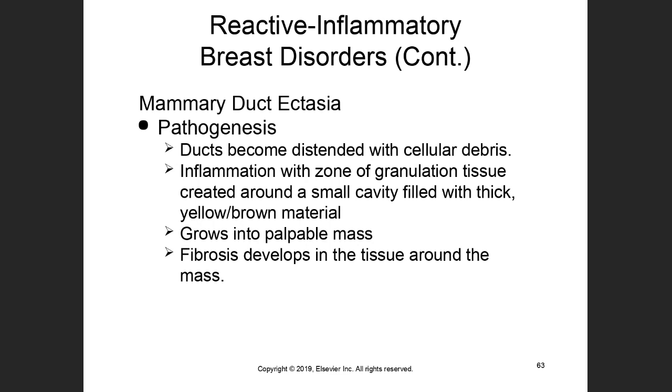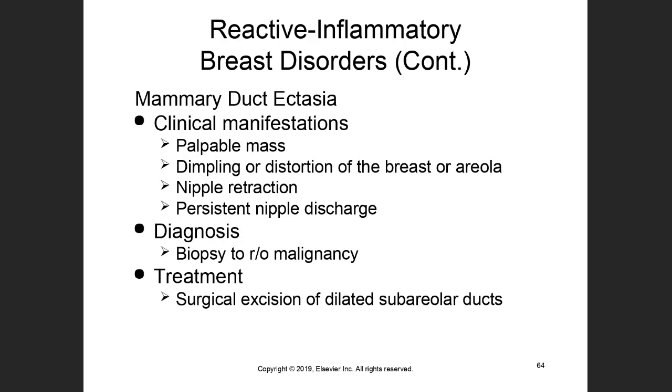Pathogenesis: the duct becomes distended with cellular debris, inflammation with granulation tissue is created around a small cavity filled with thick yellow-brown material, growing into a palpable mass, and fibrosis develops in the tissue around the mass.